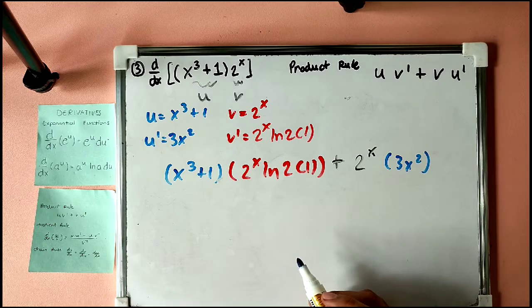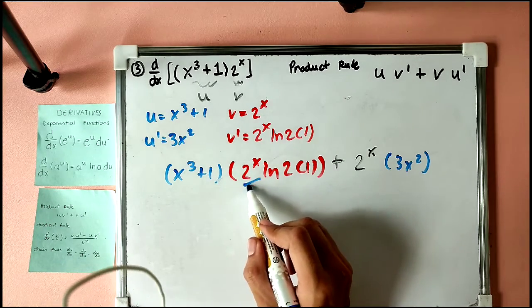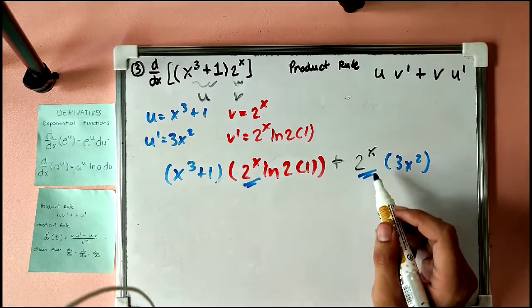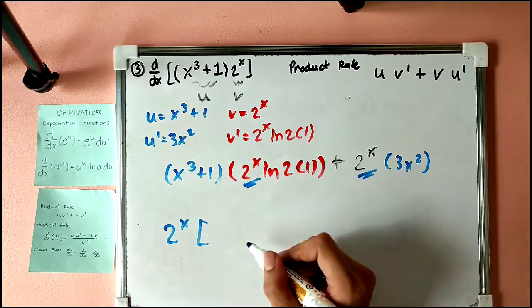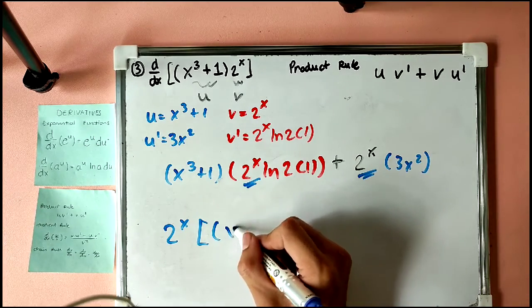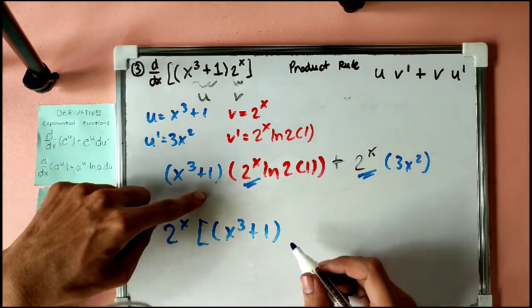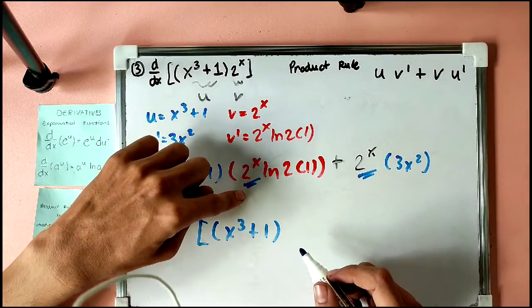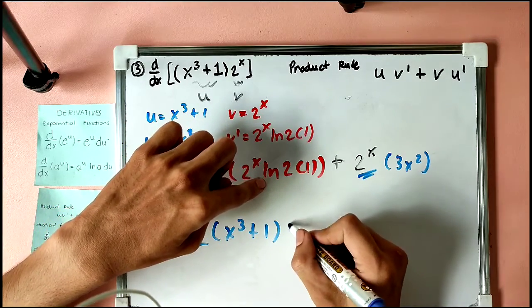Then kung mapapansin natin, may factor out tayo, which is the 2 raised to x. So, ilabas na lang natin siya. 2 raised to x. Then, isulat lang natin yung mga natitira sa loob. x cubed plus 1. Then, na-factor out natin itong 2 raised to x, kaya hindi na natin siya isusulat.